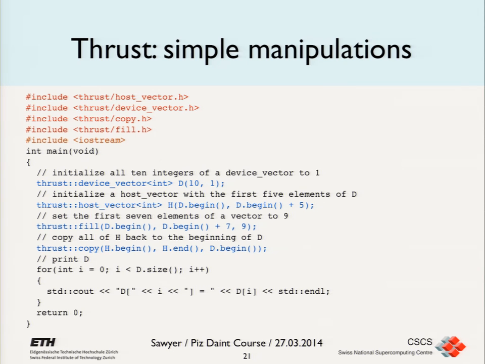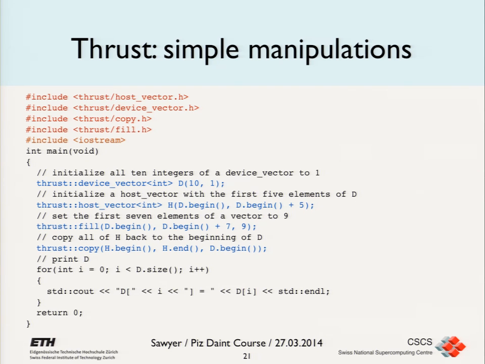That's what I think I get. Does anyone get something else? Why do I think that? D initially has all ones, right? I might be wrong. I've just done that out of my head. So H is a vector with 5 elements, copied from D, so the first 5 are ones.